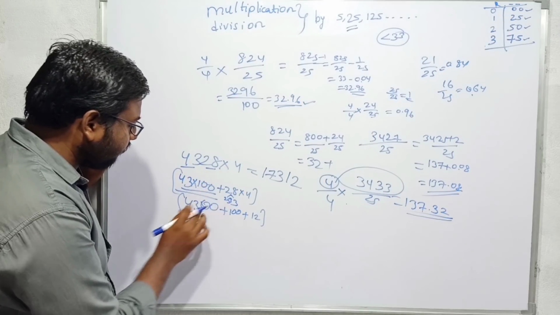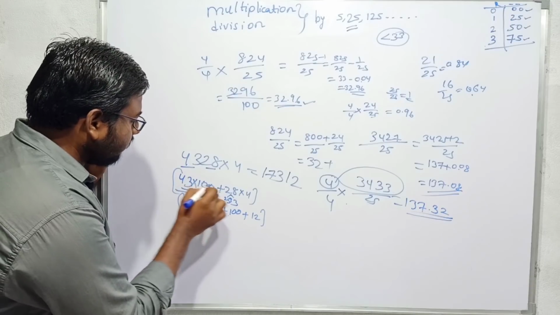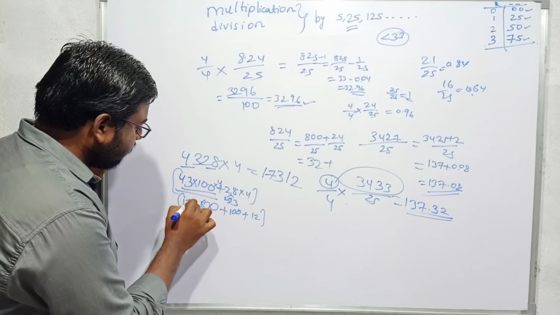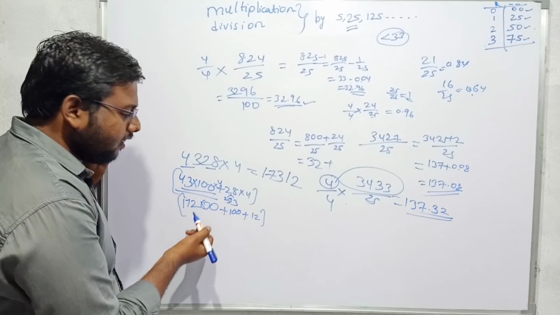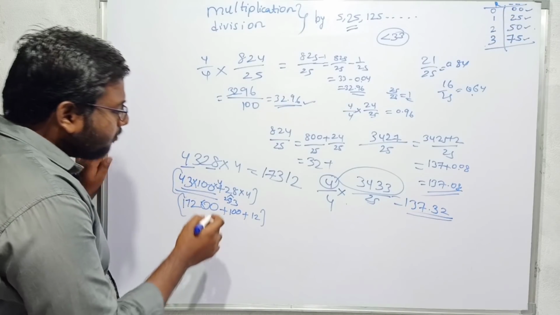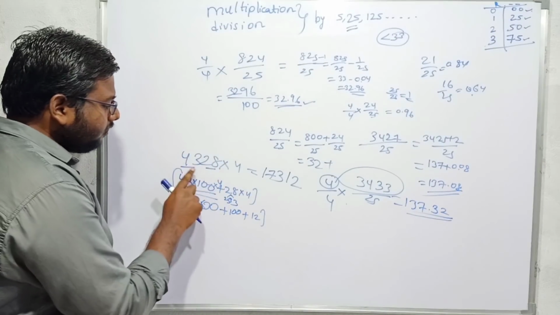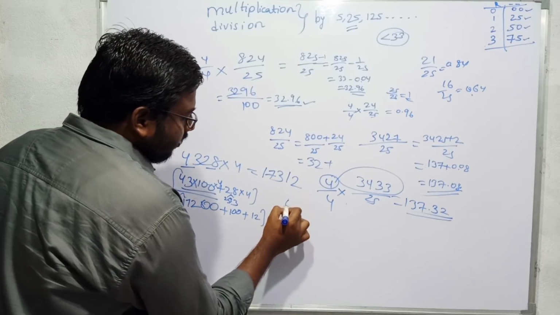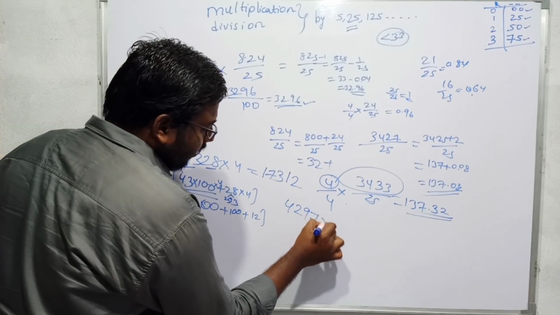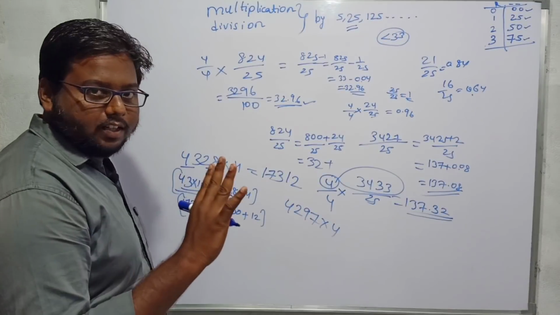This 43 into 4 is nothing but 43 into 100 into 4. This is 172, 17200 plus 100, 17300 plus 12. Because of this 25, I am getting 100. So I will add 1 to the product of 43 and 4. For example, if I have to see 4297 into 4, 42 fours is 168 plus I will add 3.